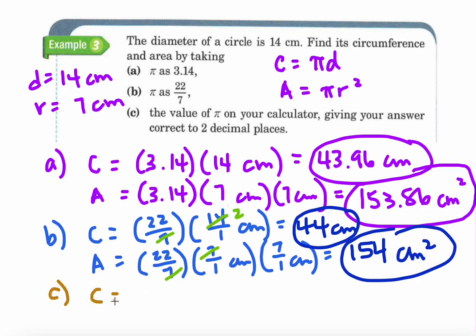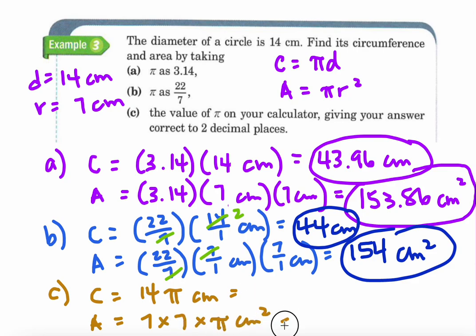So circumference equals, we'll just put the diameter, which was 14 pi. And then just make sure there's centimeters at the end. For area, it is 7 times 7 times pi, centimeters squared at the end. Okay, 14 times pi.